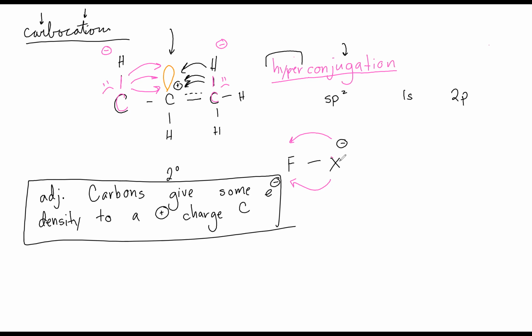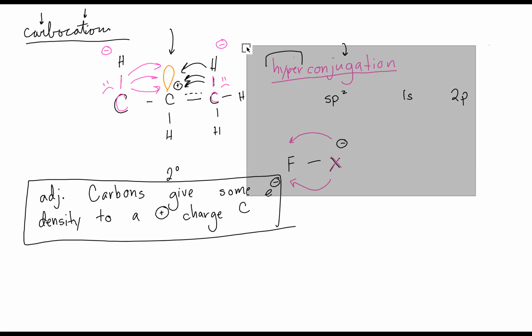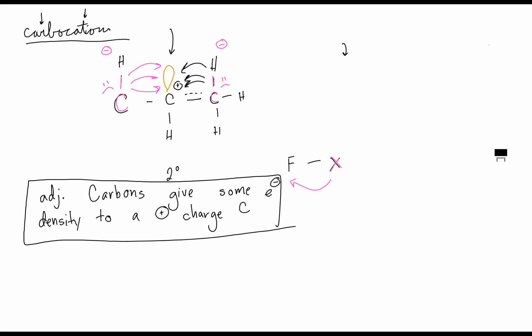For example, this X here doesn't even have to be charged. This induction will just pull negative charges in general towards itself, okay? Does that clear up hyperconjugation versus induction? Okay, awesome.